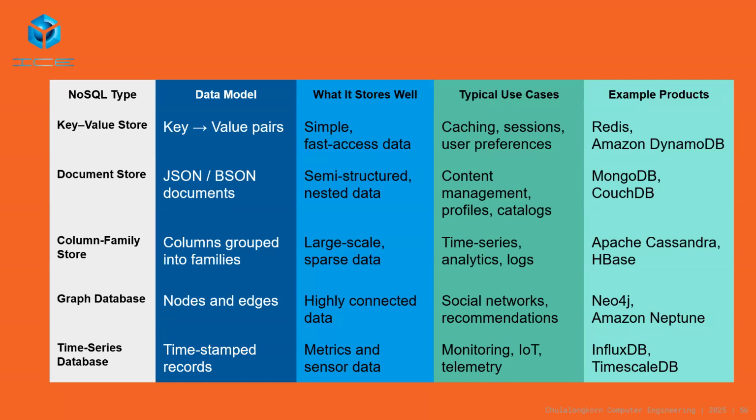You just say these groups of columns are grouped into a family, but these are grouped into another family. So it becomes more flexible that way, right? So that's how the column family store works. And the products are Apache Cassandra or HBase. And it is good for time series, analytics, or logs. And actually, you'll be surprised because there is another time series database down here as well.